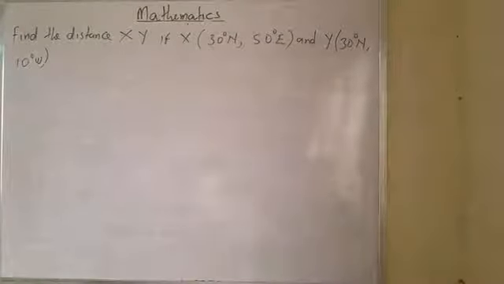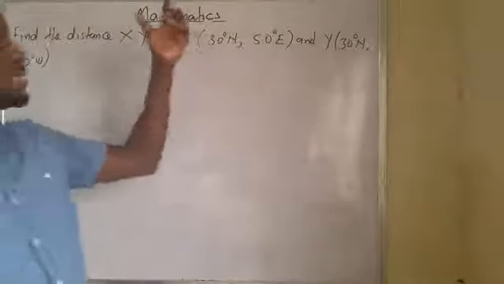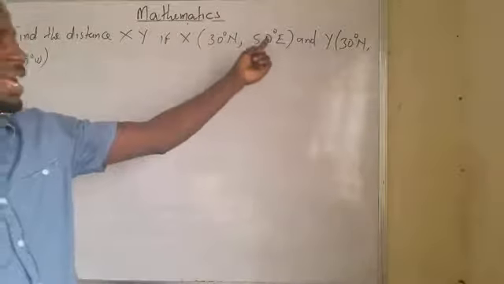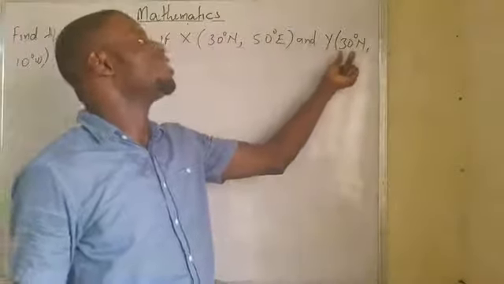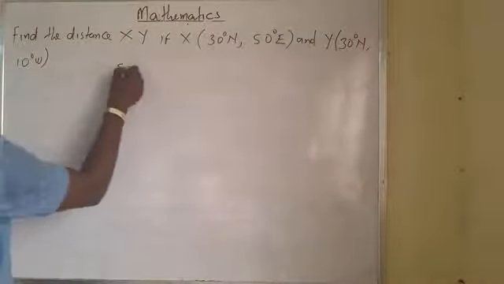It's a very simple one. Let's try to work it out. Find the distance x and y if x is 30 degrees north, 50 degrees east, and y is 30 degrees north, 10 degrees west. Solution to this problem.